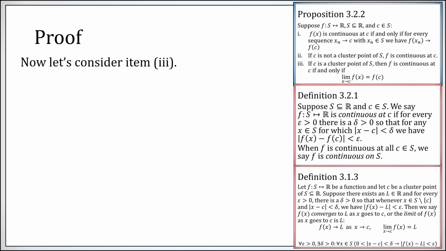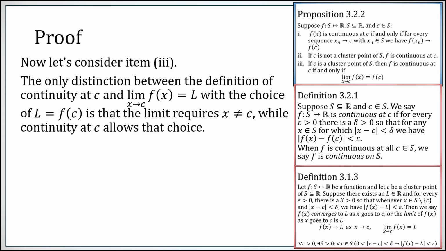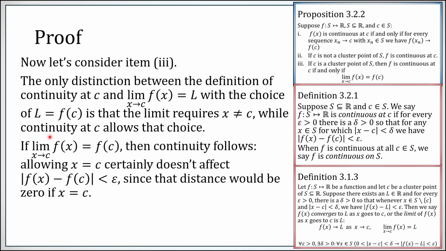So instead, let's consider the third item. Suppose you are a cluster point. Now, the only distinction between having a limit being L and fixing L to be f of c is that in the definition of limit, you are not allowed to pick x equals c. However, the definition of continuity allows that choice. But if the limit of f of x equals f of c, then continuity follows quite quickly.